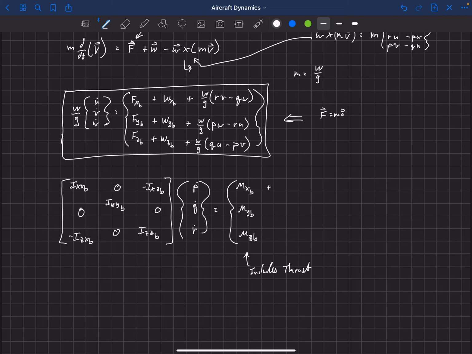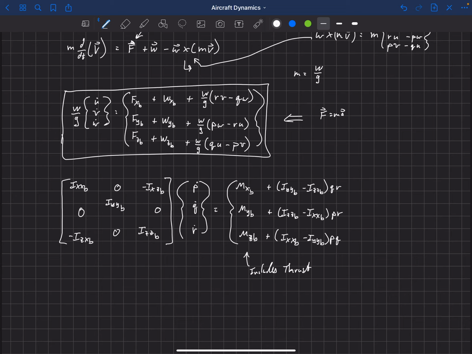And then what we get here is plus Iyyb minus Izzb times QR. Here we get plus Izzb minus Ixxb times PR. And finally Ixxb minus Iyyb times PQ.